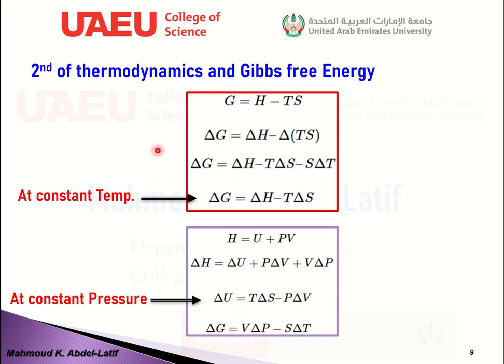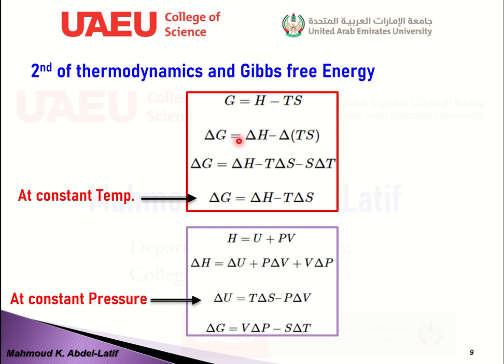The second law of thermodynamics and the Gibbs free energy. The Gibbs free energy is given by H minus TS, where G is the Gibbs free energy, H is the enthalpy, T is the temperature, and S is the entropy. If you take the derivative, so you are going to discuss the change in these parameters, you end up with dG equals dH minus d(TS).